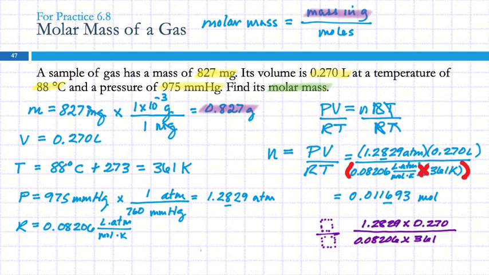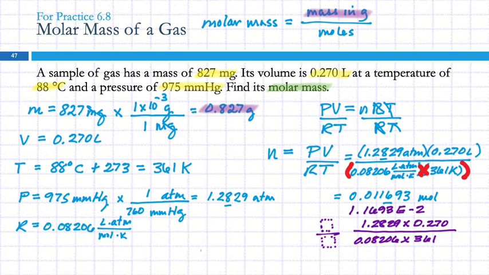Any questions? I keep getting the same thing. You keep getting the same thing? Okay, yeah. Let's see what's happening here. I tried it multiple different ways. Oh, okay. So what you're getting is 1.1693 blah blah blah E negative 2.